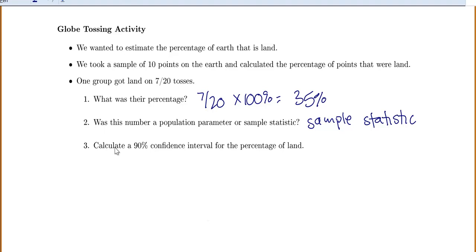Number 3, calculate a 90% confidence interval for the percentage of land. So once again, for a 90% confidence interval, that means I want 90% in the middle, 10% left over for both tails, or 5% in each tail.